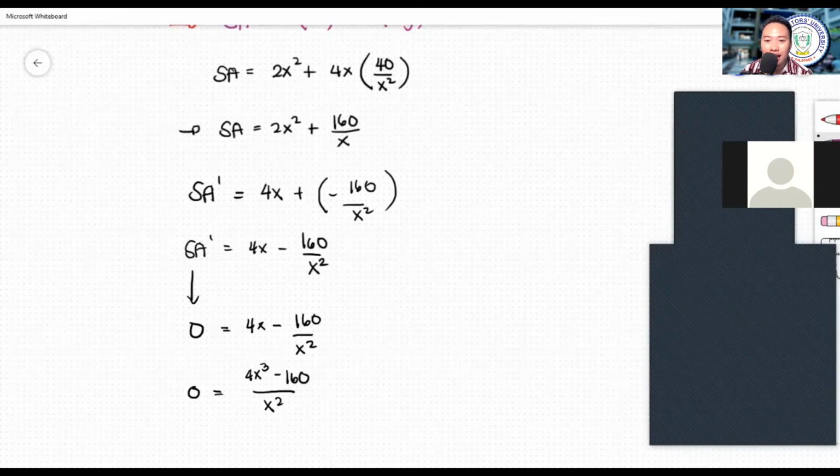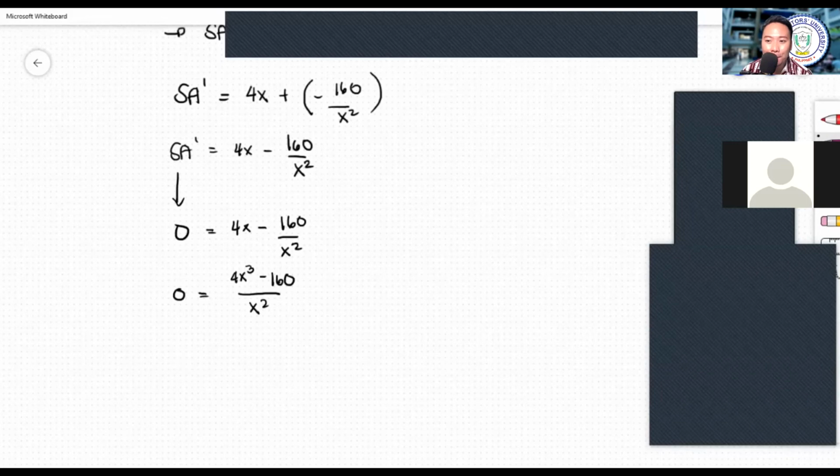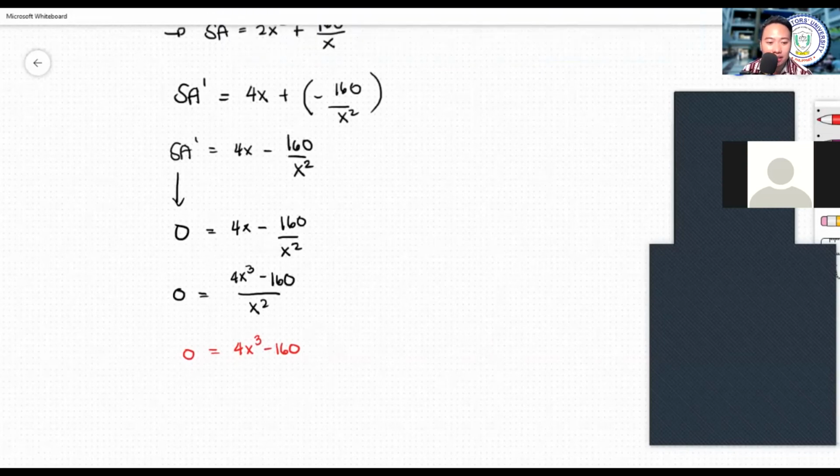Then I'll cross multiply, so I would have 0 equals 4x cubed minus 160.